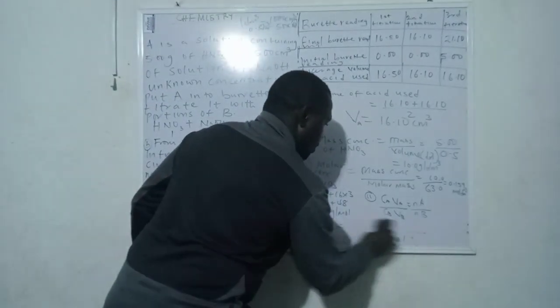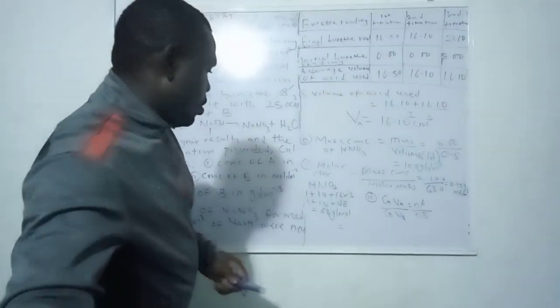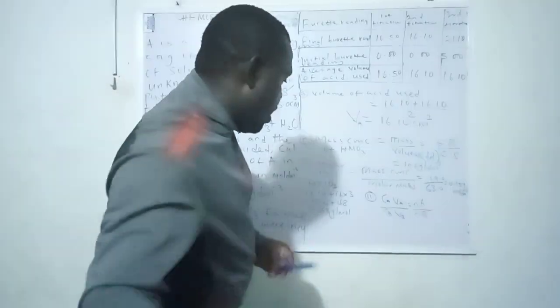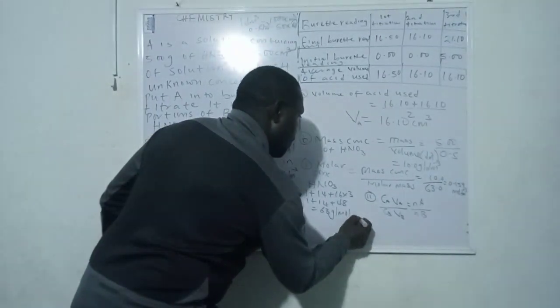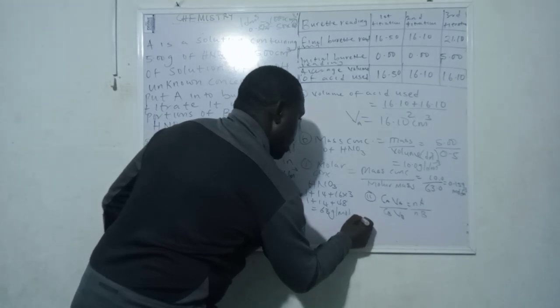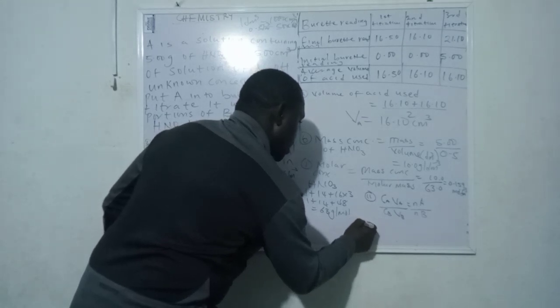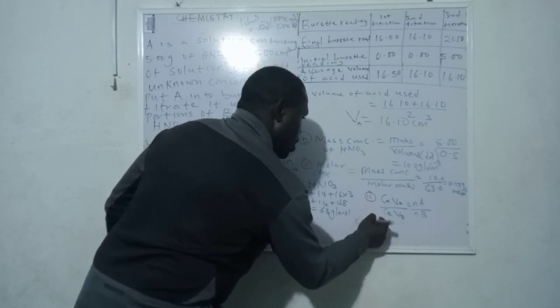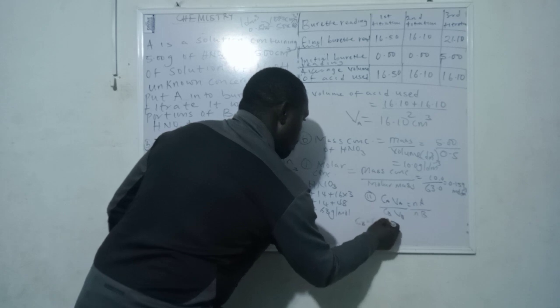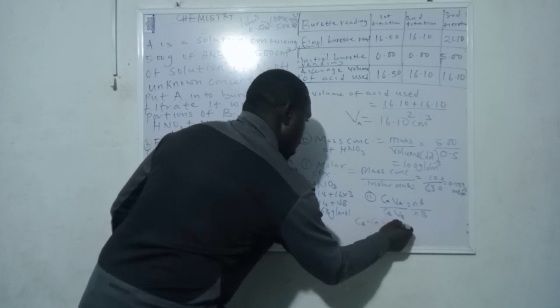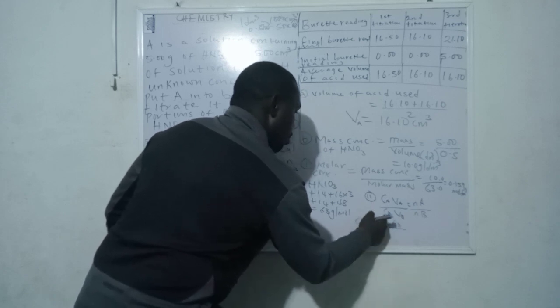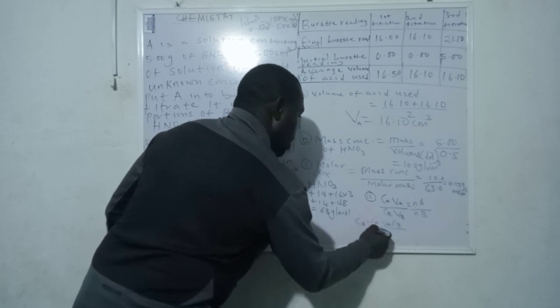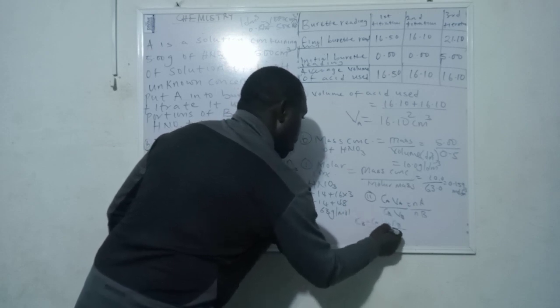So I have my Cb now equals Ca Va Nb over Va Na.